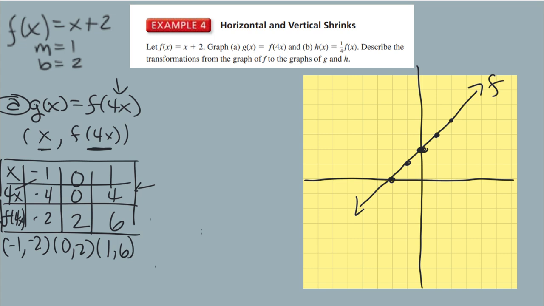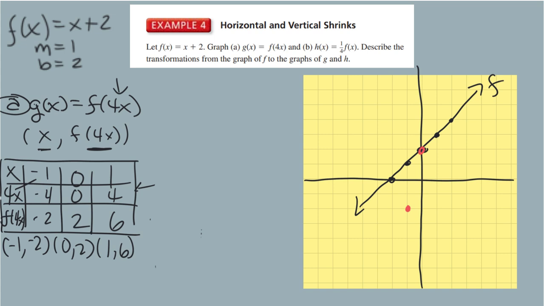Yes, for line G. I did this wrong. -1 and -2. 0 and 2.